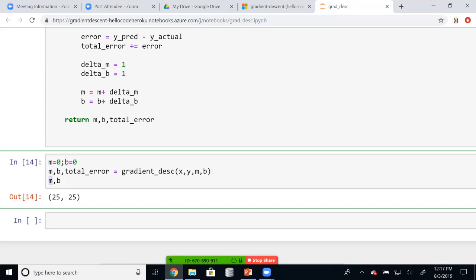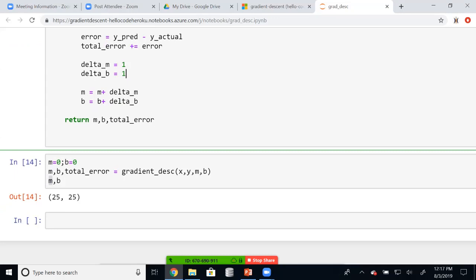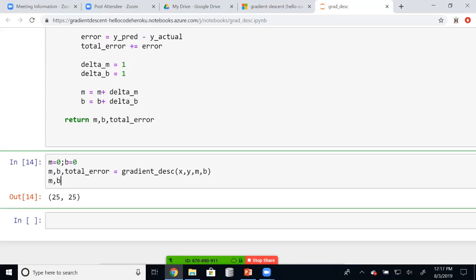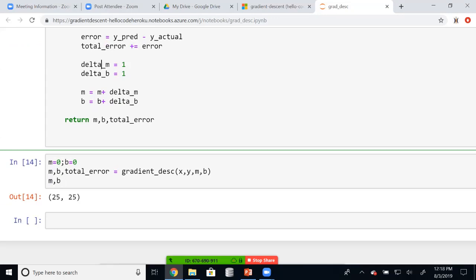So for us, we think that the better values of M and B are 25, 25. Okay, we don't know how this happened, or this doesn't even make sense, because delta M and delta B, we're just incrementing them. And you can imagine, because we have 25 points, this M is incrementing 25 times, and this B is incrementing 25 times, and that's why we have this 25, 25 over here.